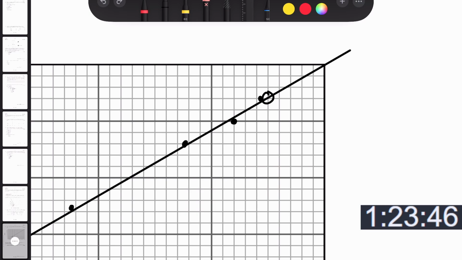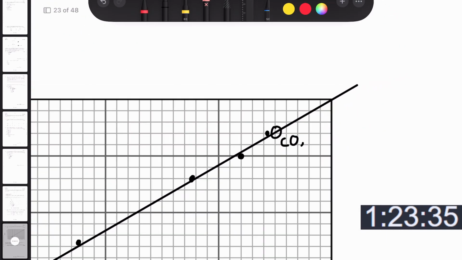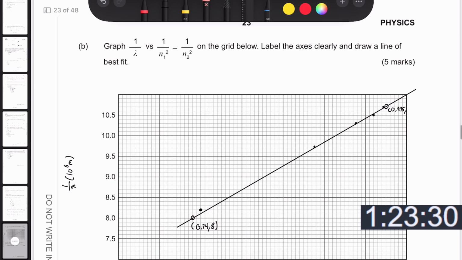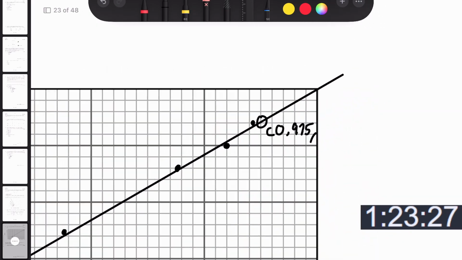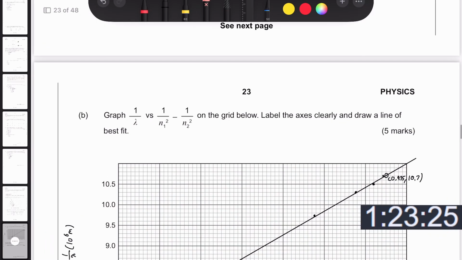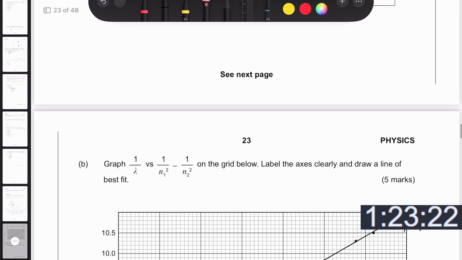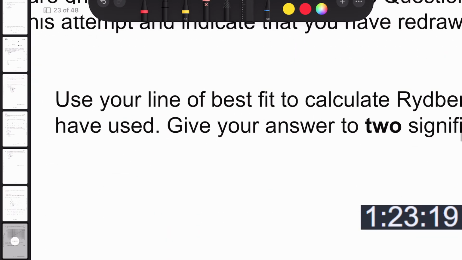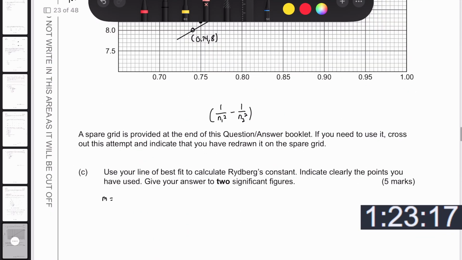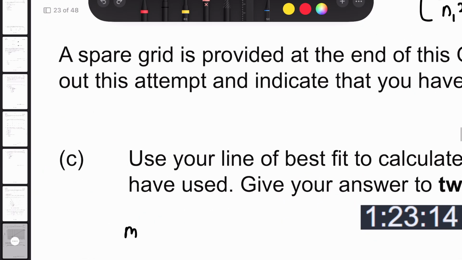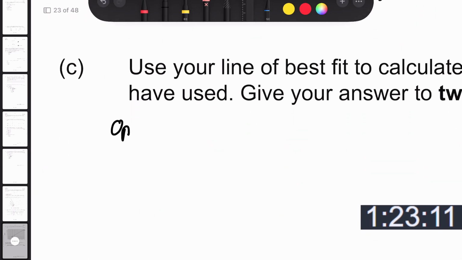It's going to be 0.975 and 10.7. Okay, so that M is going to be equal to, actually wait, let's write the points in. Open circles for points.